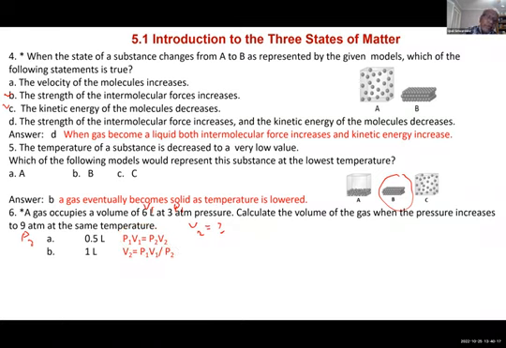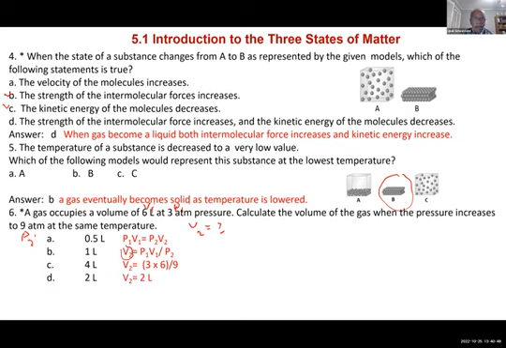Now V2 is equal to, when you rearrange, P1 V1 divided by P2. So you plug in these values from the problem, 3 and 6. P1 is 3, V1 is 6, P2 is 9.